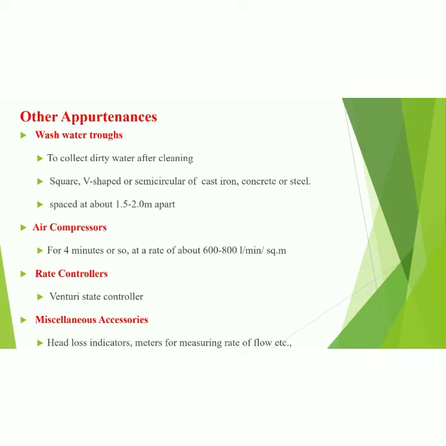Next, air compressors, for 4 minutes or so, at a rate of about 600 to 800 liters per minute per square meter. I will tell you later why air compressors are required here. And rate controllers, Venturi rate controllers, and miscellaneous accessories like head loss indicators and meters for measuring the rate of flow, etc.